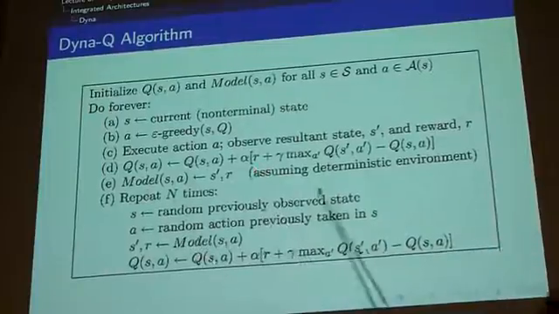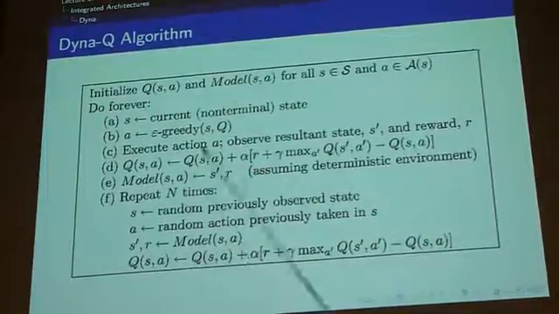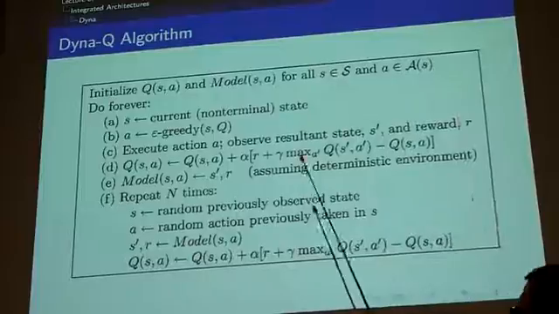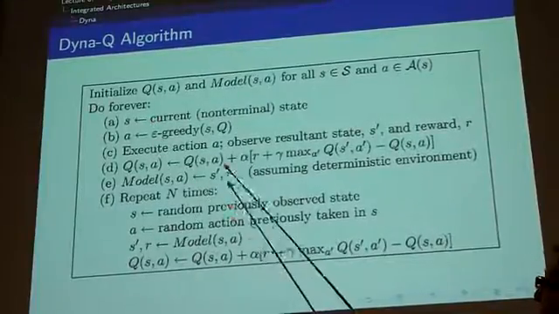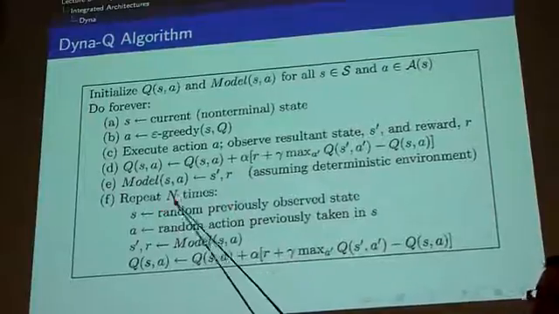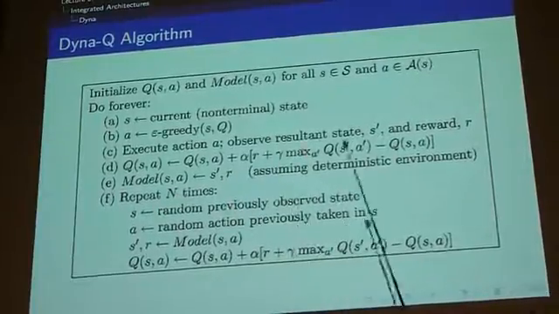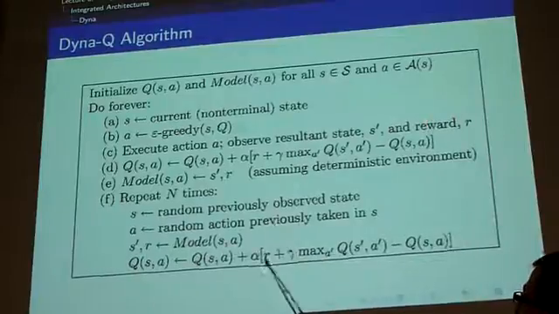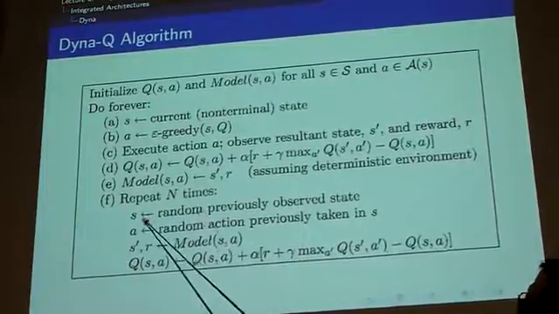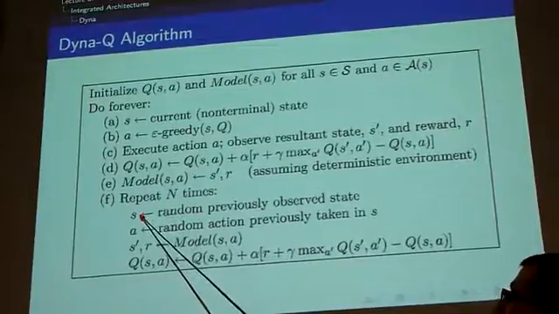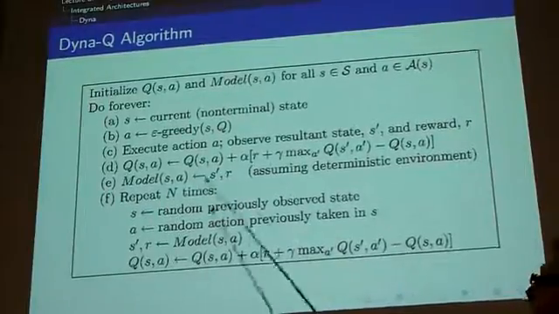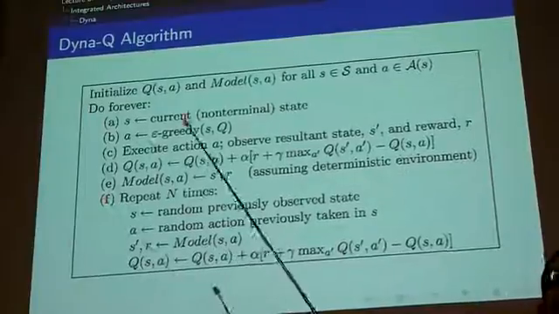And now, here's the thinking part. This is the cognitive loop where the agent is now stopping to think before it takes its next action. So it thinks for a little bit, n times, and the atom of thought is one of these steps. At each step, it's going to pick some random S, which might be something it's previously observed. It could be something different if the model has generalization in it.